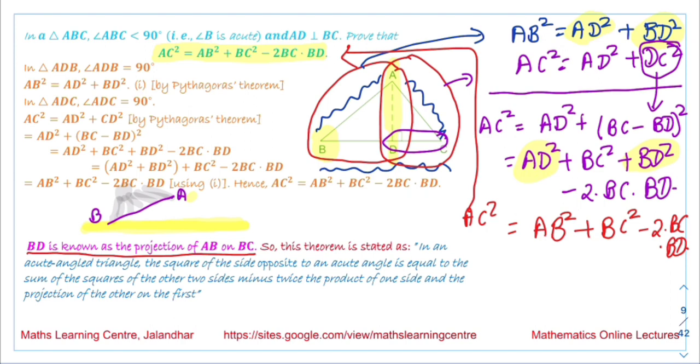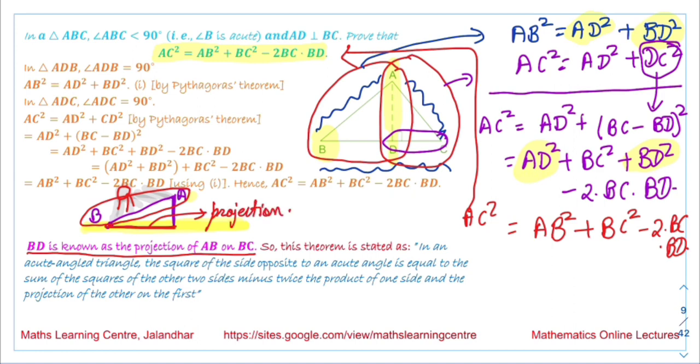Then we will get the shadow of this object on this plane, and that shadow will be like this. This line that I have shown in red color is the shadow of this object because of this source of light. This shadow of the object AB is called the projection.